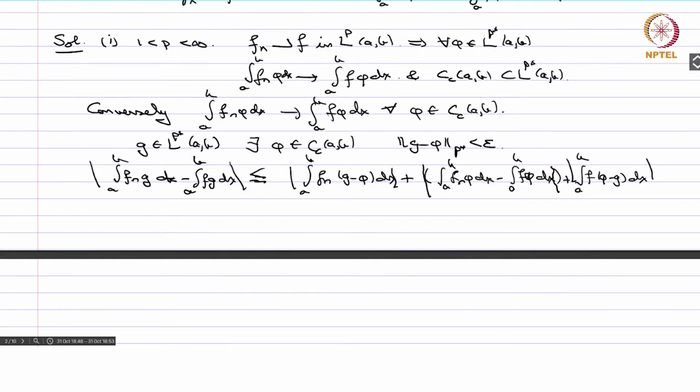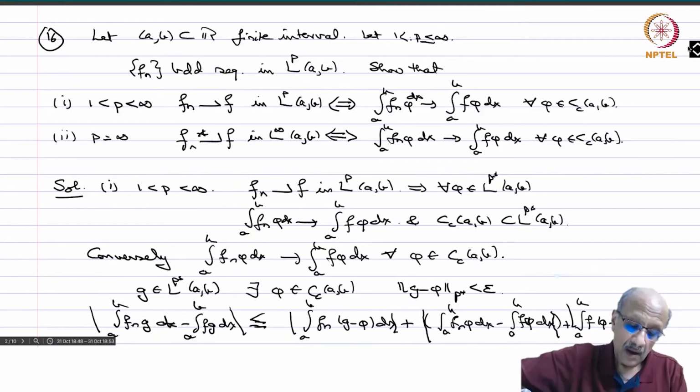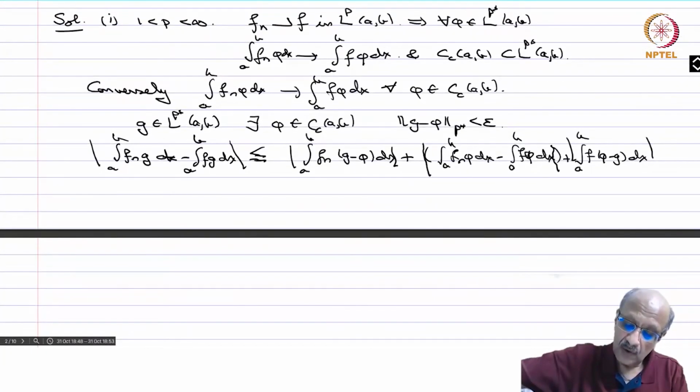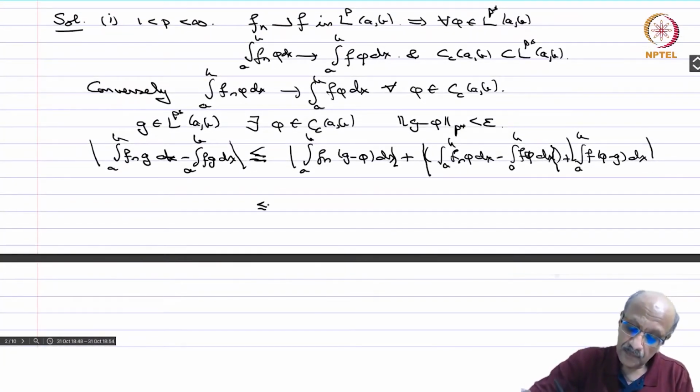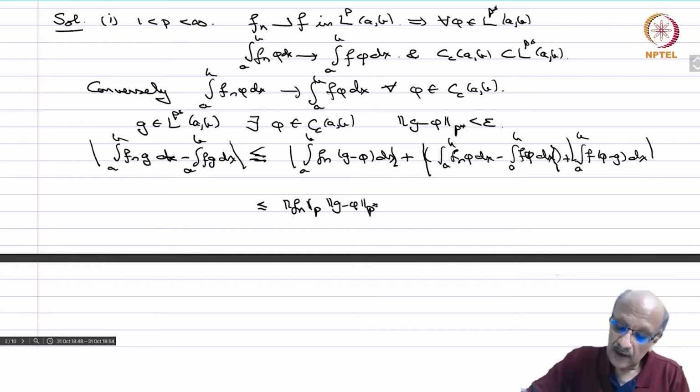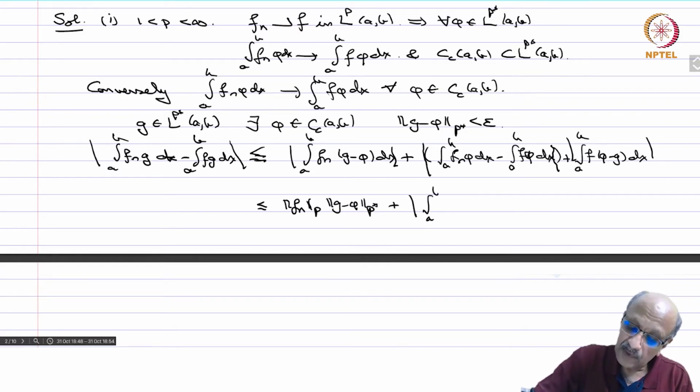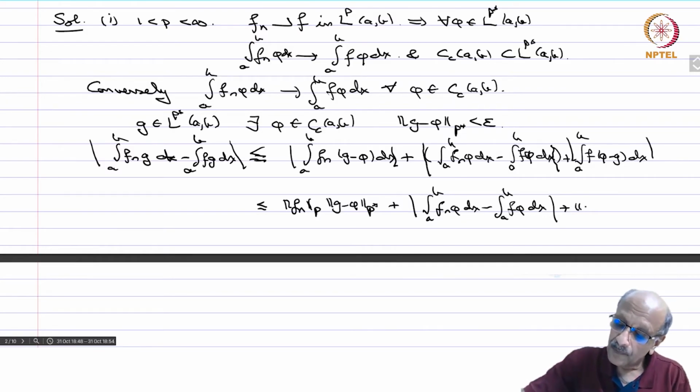Okay, so f_n is given to me as a bounded sequence in Lp. So this is less than or equal to norm f_n in Lp times norm g minus phi in p star by the Hölder inequality, plus mod of the integral from a to b of f_n phi dx minus the integral from a to b of f phi dx, plus norm f in p times norm phi minus g in p star.